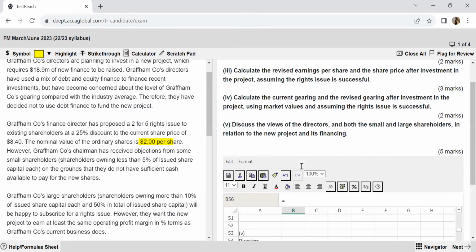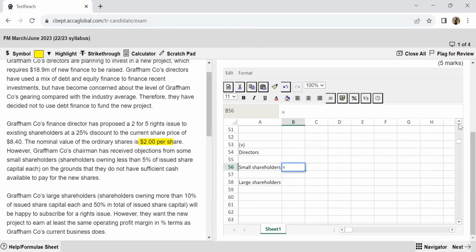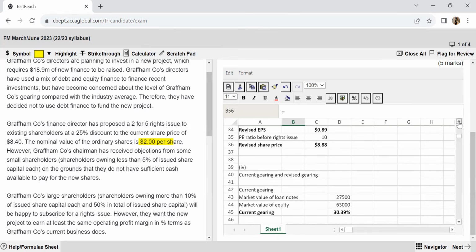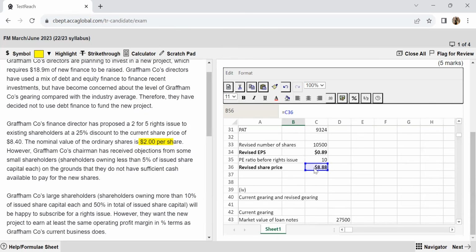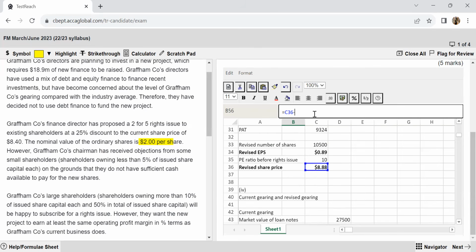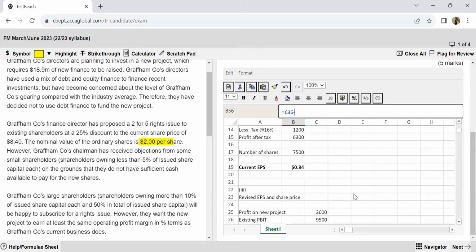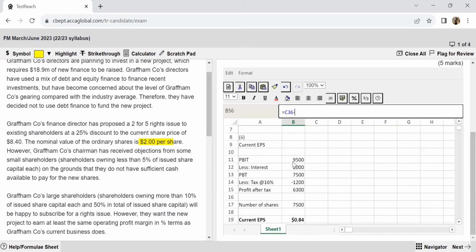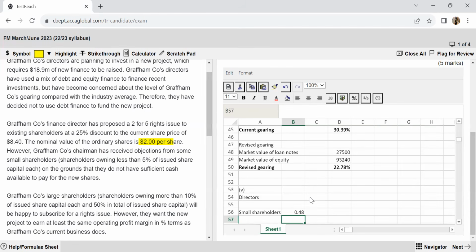The new share price that we found out was 8.88, and the earlier share price before this rights issue was 8.4, right? So this is the amount of capital gain that the small shareholders can be making.